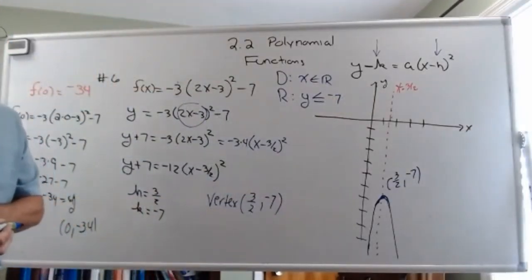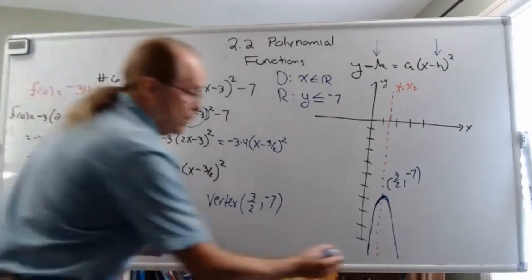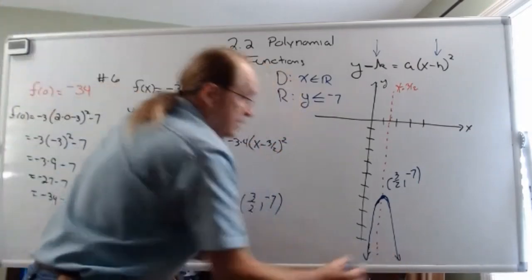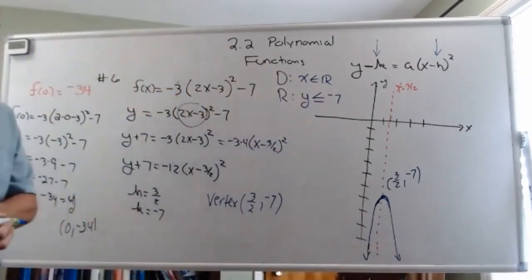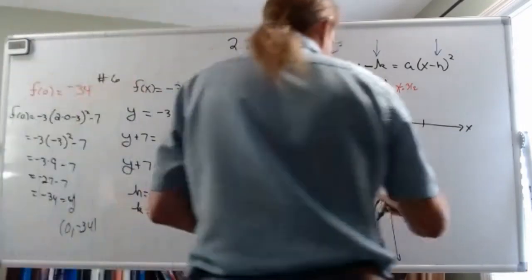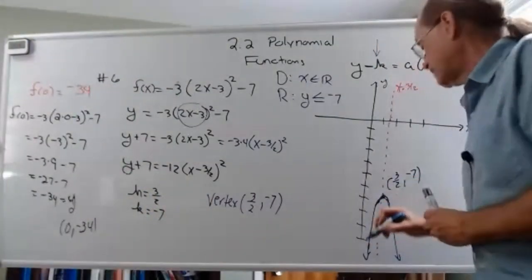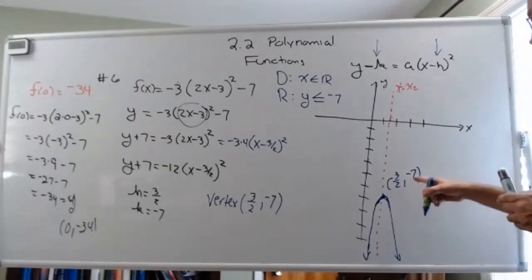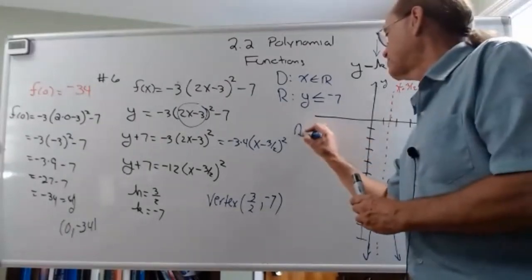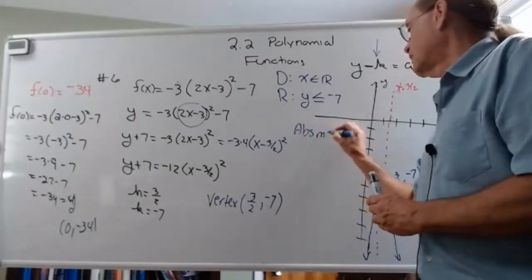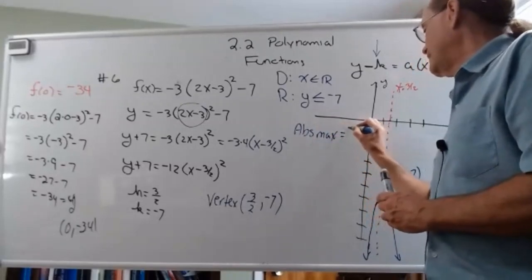Does this have an absolute minimum? No, it does not, because both of these go to infinity. Does it have an absolute maximum? Yes, indeed it does. It occurs right at that vertex there, and its value is -7. So it has an absolute max, and it's equal to -7.